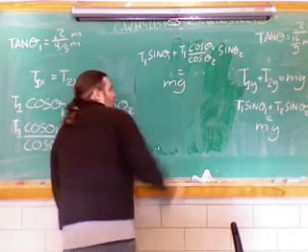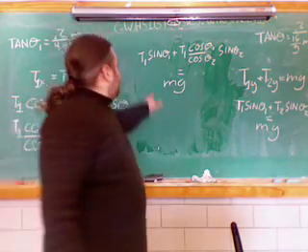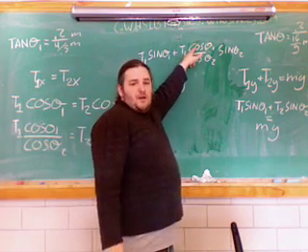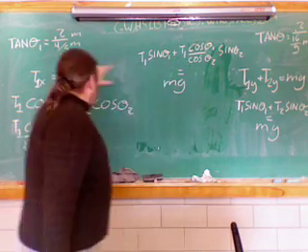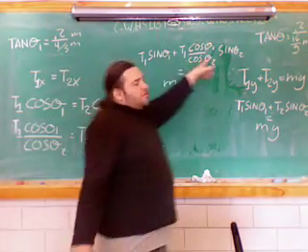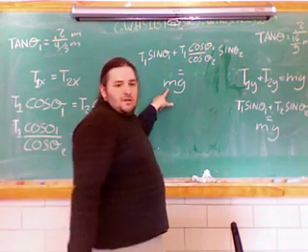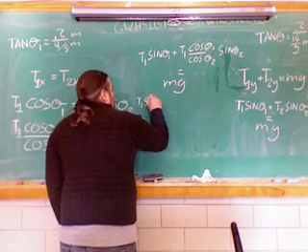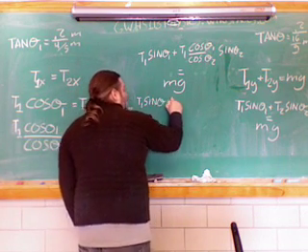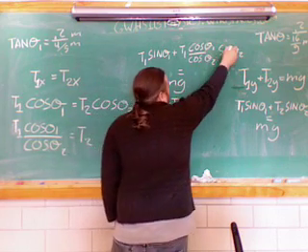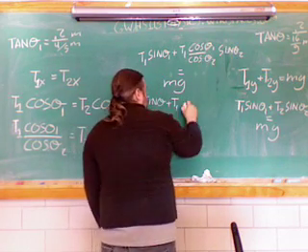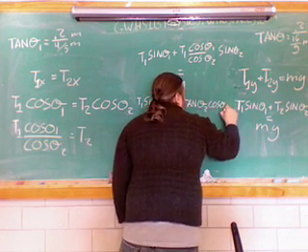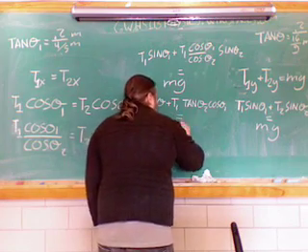Okay, so that's T1 sine theta 1 plus T1 cosine theta 1 over cosine theta 2, times sine theta 2 is equal to mg. So then I'm left with T1 sine theta 1 plus T1 cosine theta 1 times sine over cosine, which is tangent, so I'm left with T1 sine theta 1 plus T1 cosine theta 1 tangent theta 2 is equal to mg.